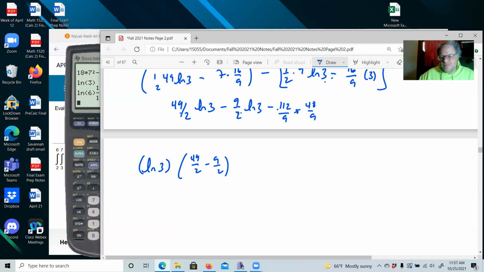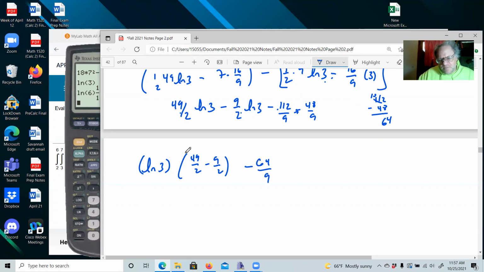And then 112 minus 48. What is that going to give us? That's going to be 10. We have 12 minus 8, rather. That's 4. 10 minus 4 is 6. So this is just going to be minus, because the minus 1 was bigger, 64 ninths.